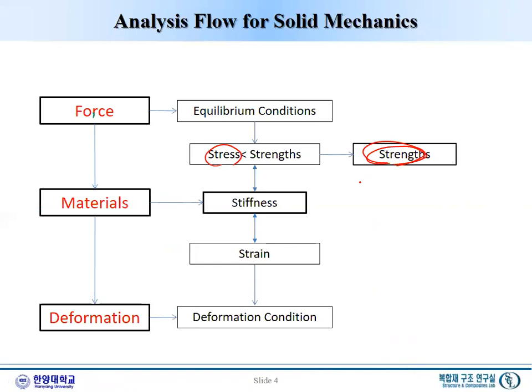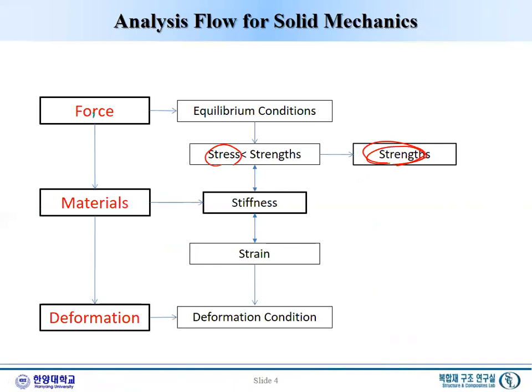The bike should not fail, right? And also, the bike has to be very light. So you want to reduce the weight as much as you can, but without any failure.